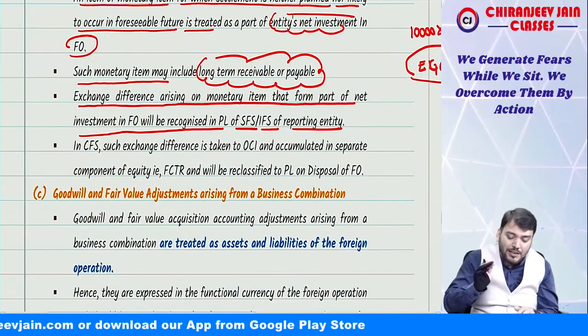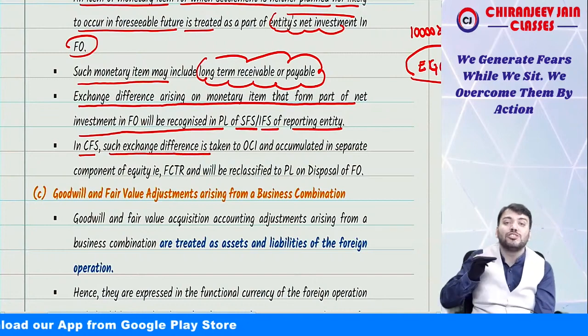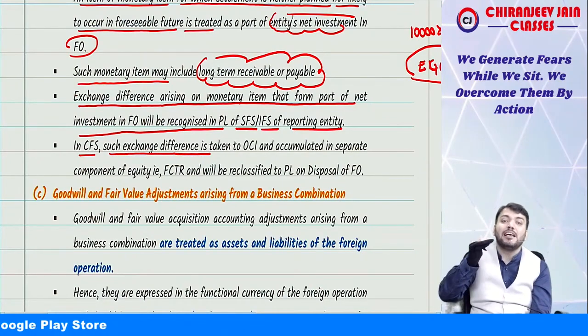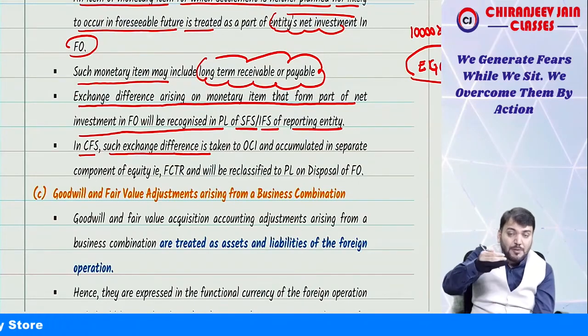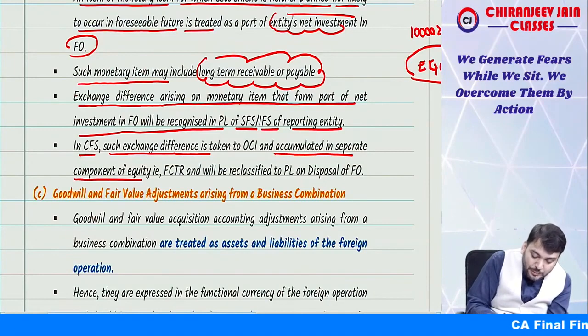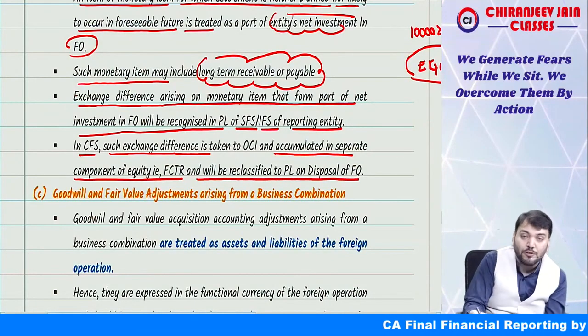Therefore, in CFS, such exchange difference is taken from PL to OCI and accumulated in a separate component of equity, that is FCTR, which will be reclassified to PL only on disposal of the FO.